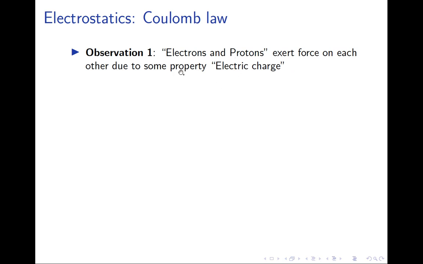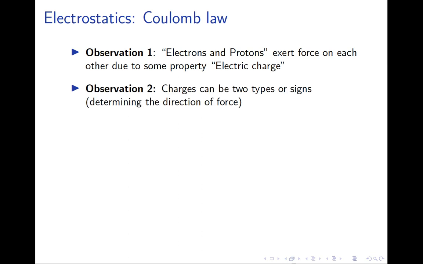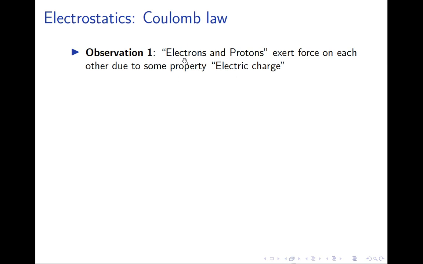So the fundamental observation is that constituents of matter have a property known as electric charge, which causes a certain kind of force. Let's call it electric force. This was observed by the Greeks: when you rub one material against another, that friction causes transfer of electrons from one to the other.